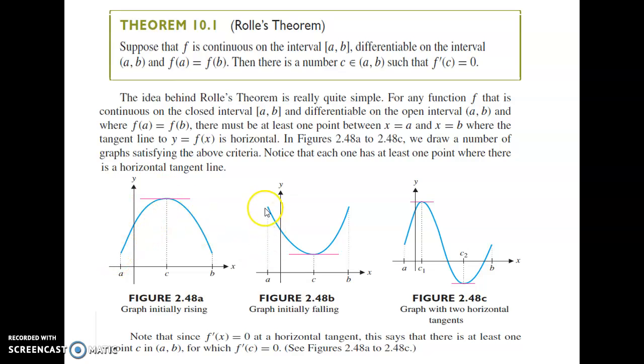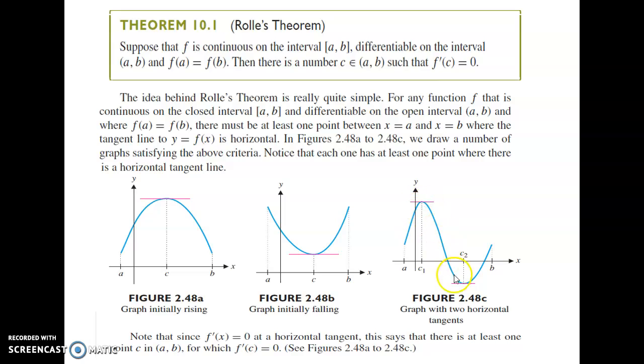The same with a graph opening up: again I take a and b, and this is f(a) and this is f(b). Then I take c between a and b, and draw a tangent line. This tangent line is parallel to the x-axis, therefore the slope of the tangent line is 0.